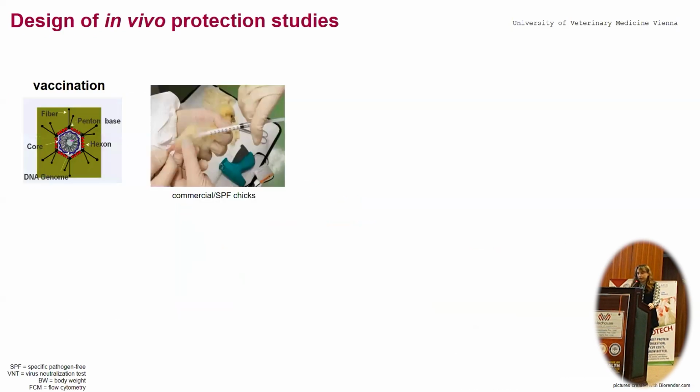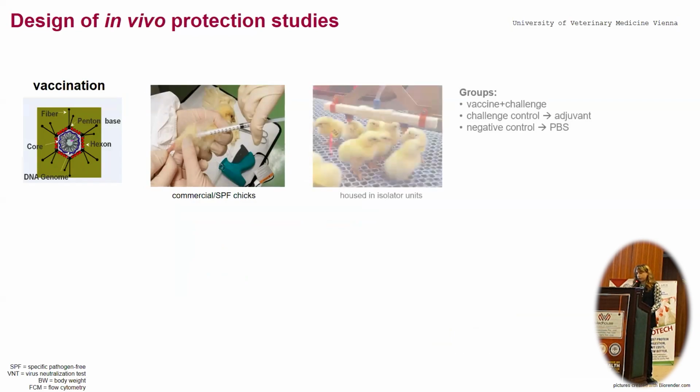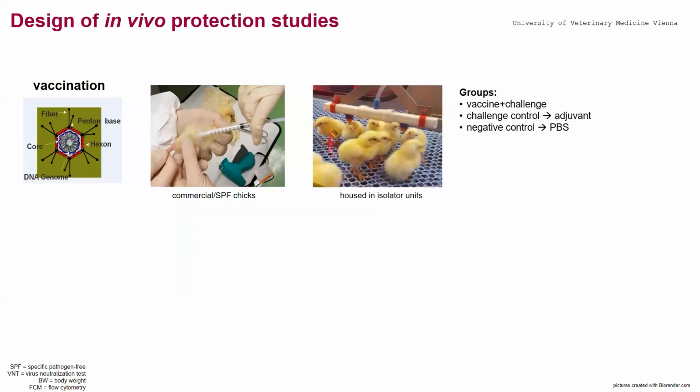So let's dive into what a classic in vivo protection study looks like. So you need to express your protein of interest, and then you vaccinate the chicks with the formulation. So we're talking about the subunit here, so an injection is necessary. Usually it's intramuscular or subcutaneous. And then you divide the chicks into groups.